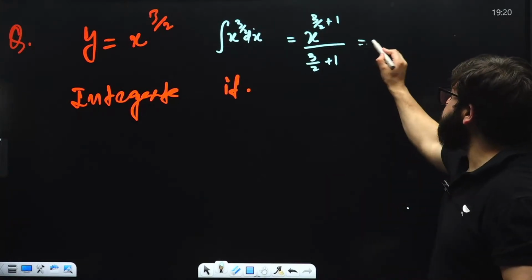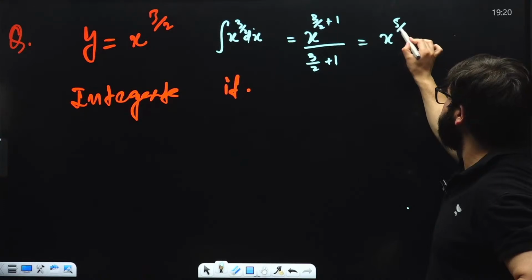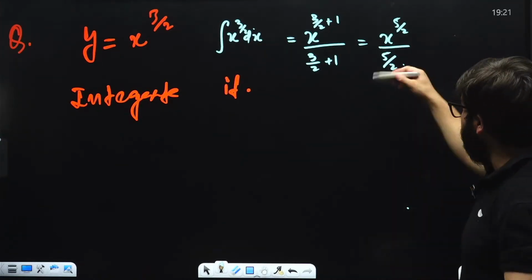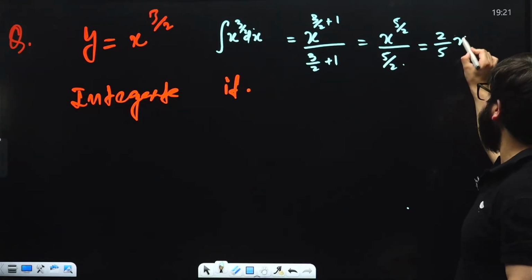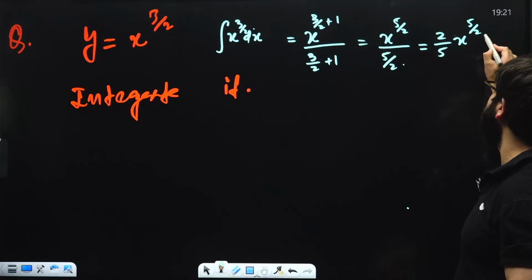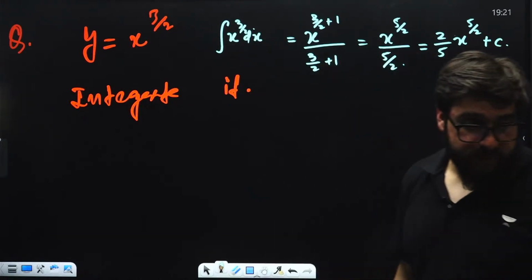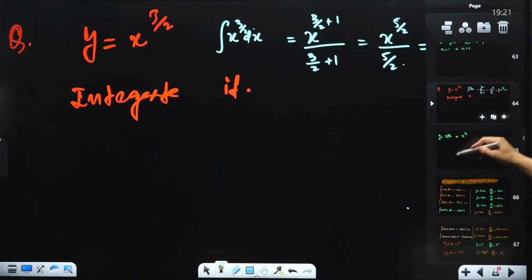Now 2 into 1 is 2, 2 plus 3 is 5, so we get 5 by 2 upon 5 by 2. Doing the reciprocal, this will be 2 divided by 5, x raised to the power 5 by 2 plus c. Is this clear?